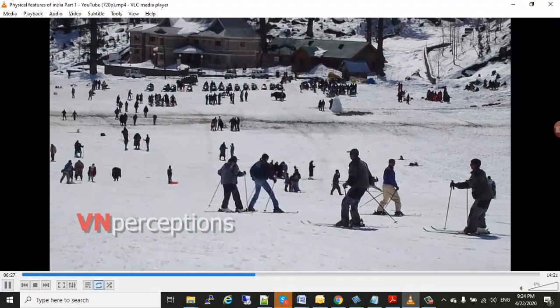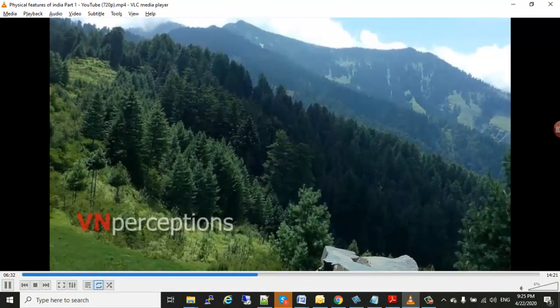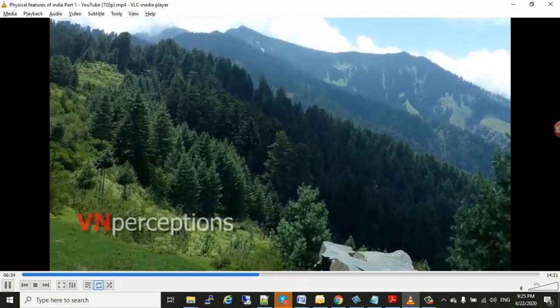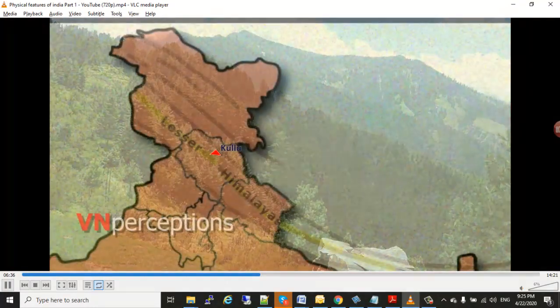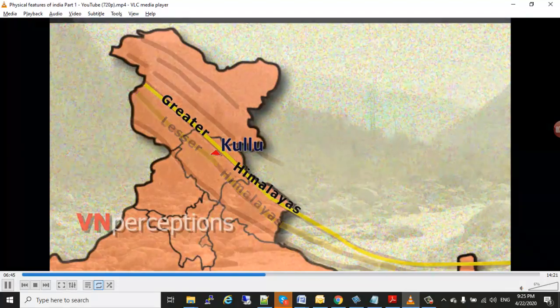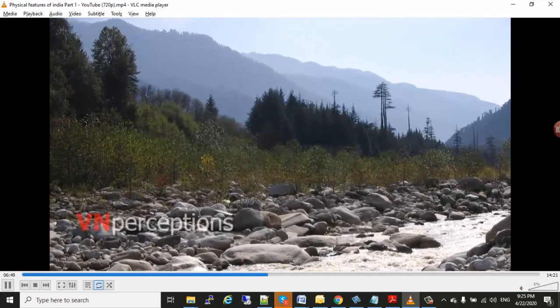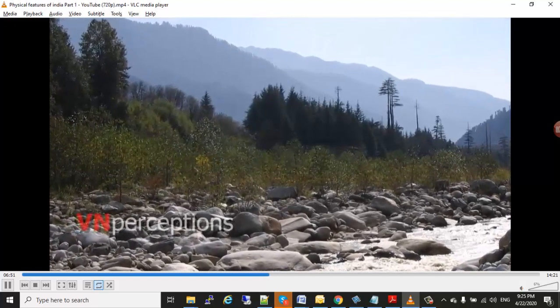The Kulu Valley is surrounded by pine forest and is located between the Greater Himalayan Range as well as the Inner Himalayan Range. Kulu Manali is one of the topmost tourist places in Himachal Pradesh and is frequently visited by a huge number of tourists and pilgrims.